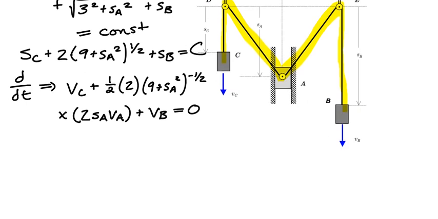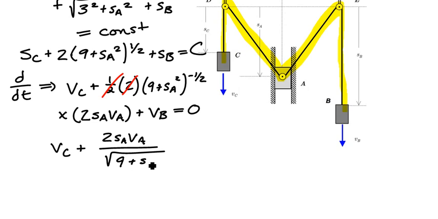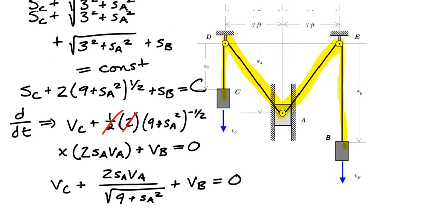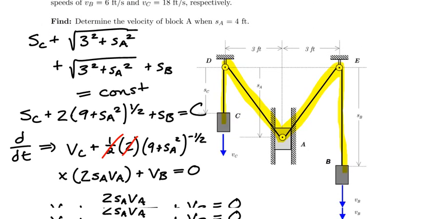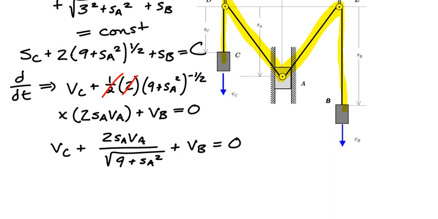Now I can clean this up a little bit. You'll note right off the bat that the 2 and 1/2 cancel. And so what I'll end up with here now is VC plus 2 SA VA divided by the square root of 9 plus SA squared, plus VB has to equal 0. If I look at that equation, I only really have one unknown, and that is VA, and so I can work to solve for that.